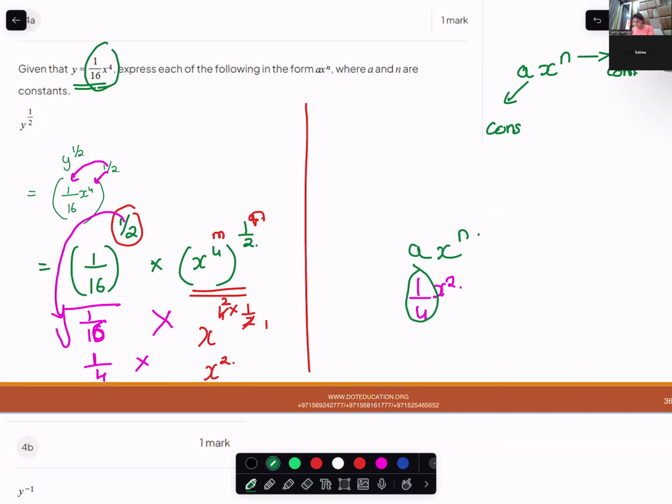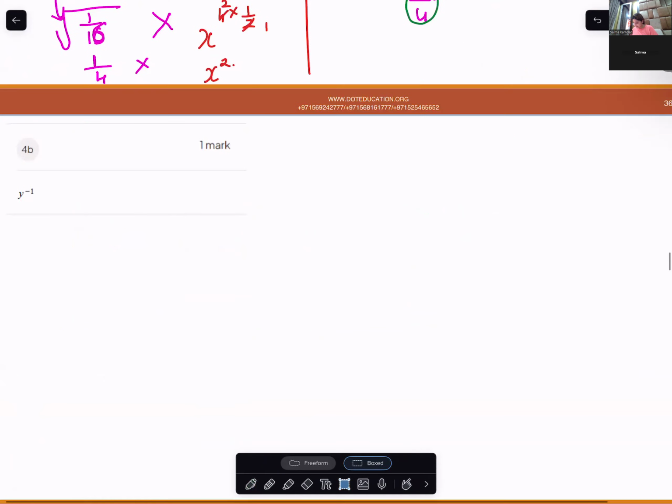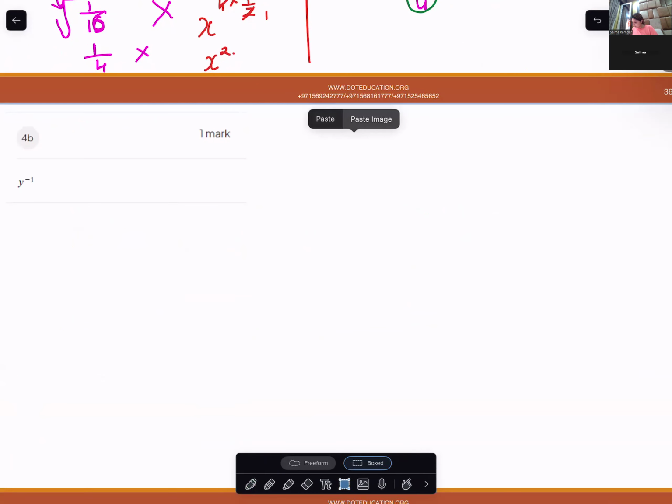The same thing I have to express in the form of ax raised to n when y is equal to minus 1. The same question when y is equal to minus 1. In place of y, I will substitute 1 by 16x^4, the whole thing raised to minus 1.